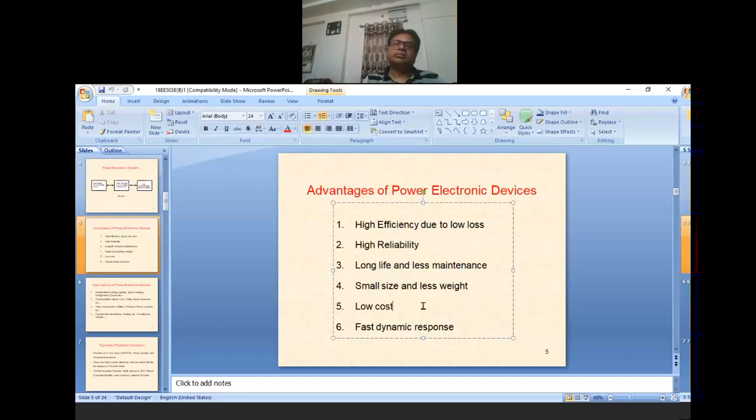They were not reliable, and their power consumption was also very high. Losses were very high, and the cost was also high.